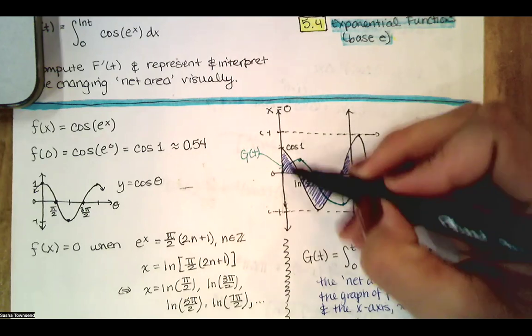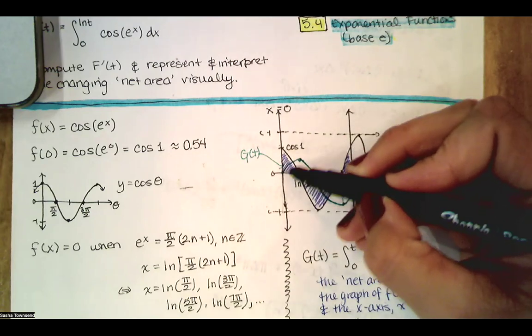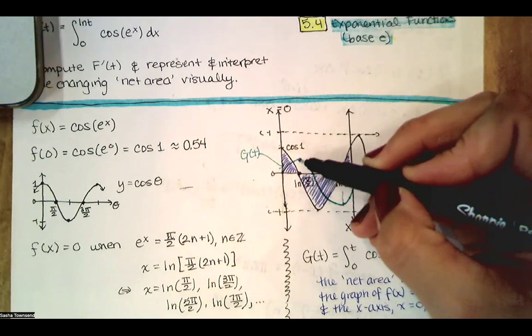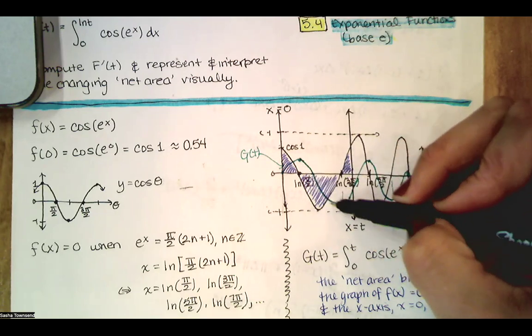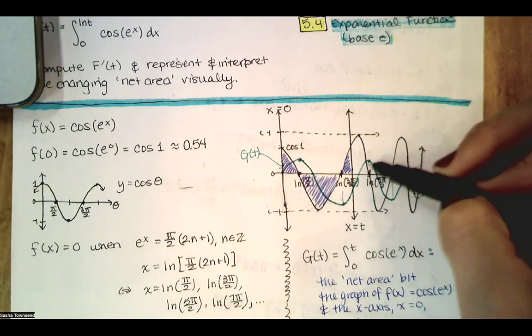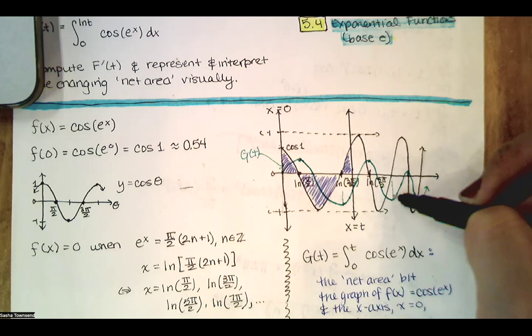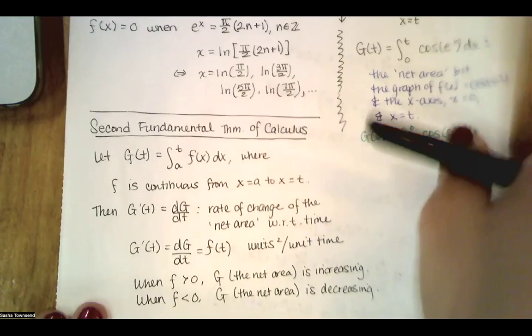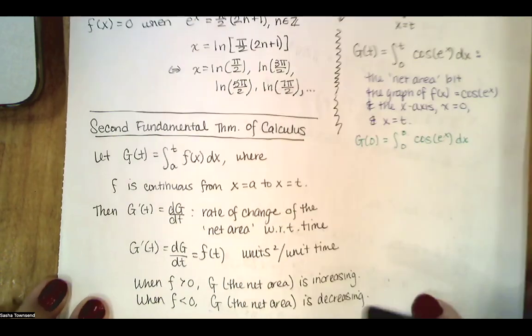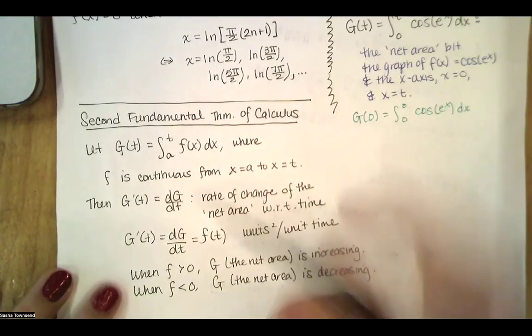We say, okay, when f is positive, we're adding. Then at this point, we start subtracting area. And then at this point, we start adding area again. And then we're subtracting. And then we're adding. And it continues to go like that. So that's what the second fundamental theorem says.